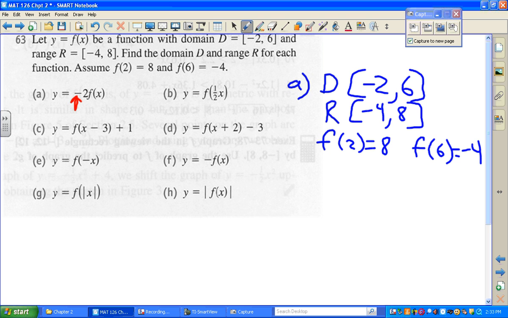What changes, the x's or the y's? What happened to the y's? They flip over the x-axis, right? So any y that was originally negative becomes positive. So this is going to go from -8 to 4 now, isn't it? Because if I have a positive 8 for my y value, and I flip it over the x-axis, it's going to turn out to be what? -8.